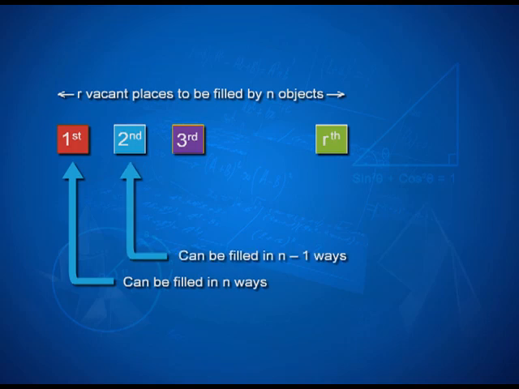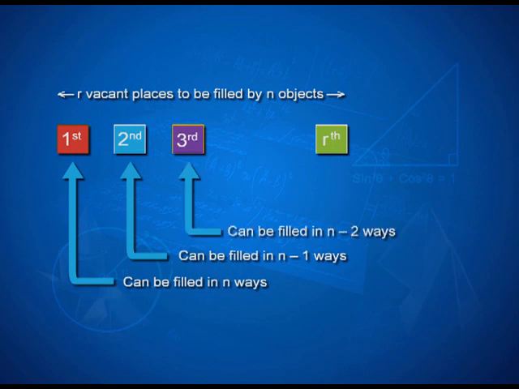The second place can be filled in n minus 1 ways. This result is about cases where objects do not repeat. So, if there are n objects and one of them has taken the first position, we are left with n minus 1 objects that can now take the second position.